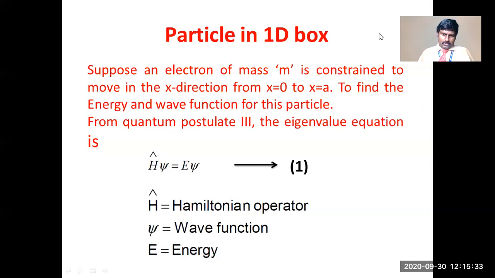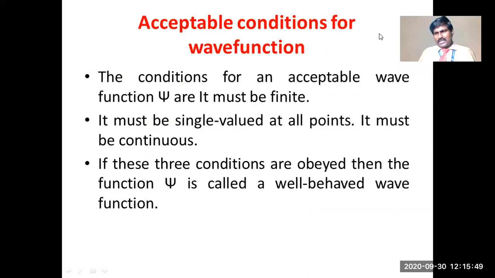Now we are going to find the solution for this equation, H psi equals E psi. H is a Hamiltonian operator, psi is the wave function, and E is the energy. Let us assume this is equation 1. These are the conditions for the wave function.